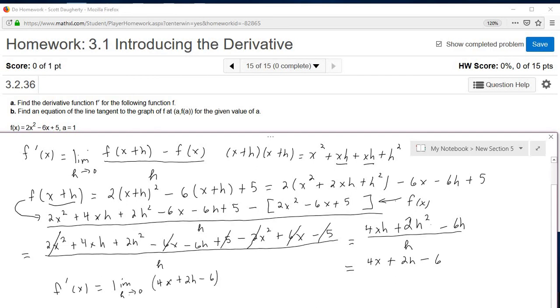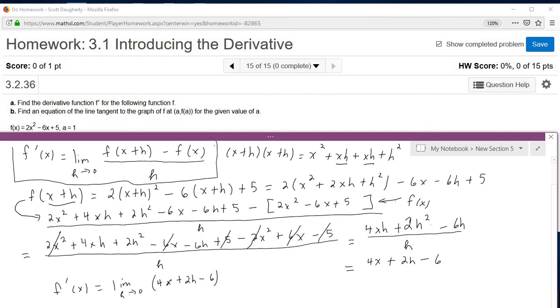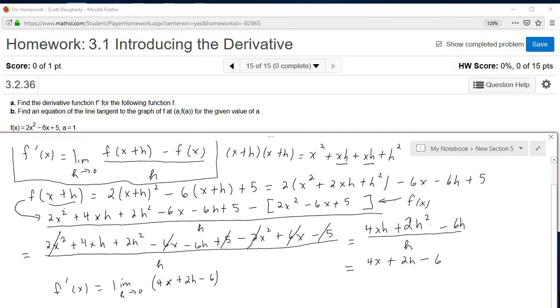Now don't forget, if you go back and look at the original formula for the derivative, the limit definition, you do have to find the limit as h goes to 0. So what I just found was f of x plus h minus f of x divided by h, and now we're finding the limit of that as h goes to 0.